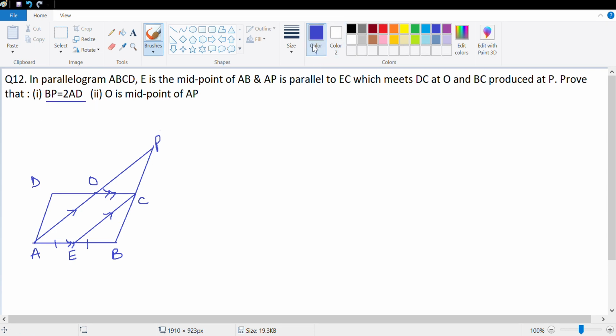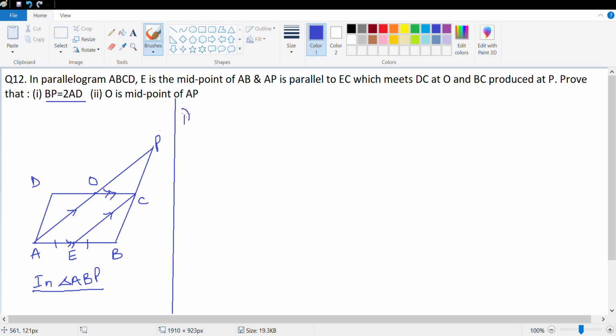So let's look at which triangles I can look at. BP is equal to 2AD. So I notice, let's look at this big triangle. I have one midpoint and I have a parallel line. So now I think I can look at triangle ABP. So in triangle ABP, let's see what I know.